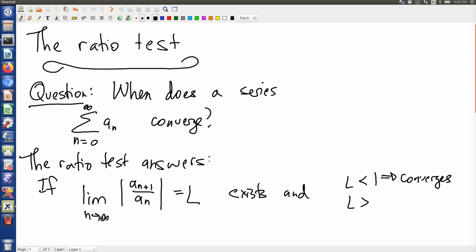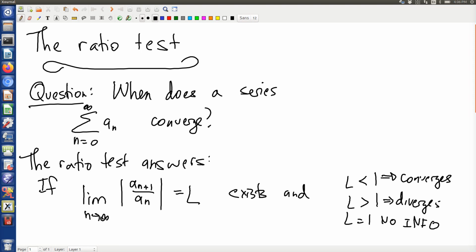If L is greater than 1, it diverges. And if L is equal to 1, no info. You'll have to try another test if L is equal to 1.